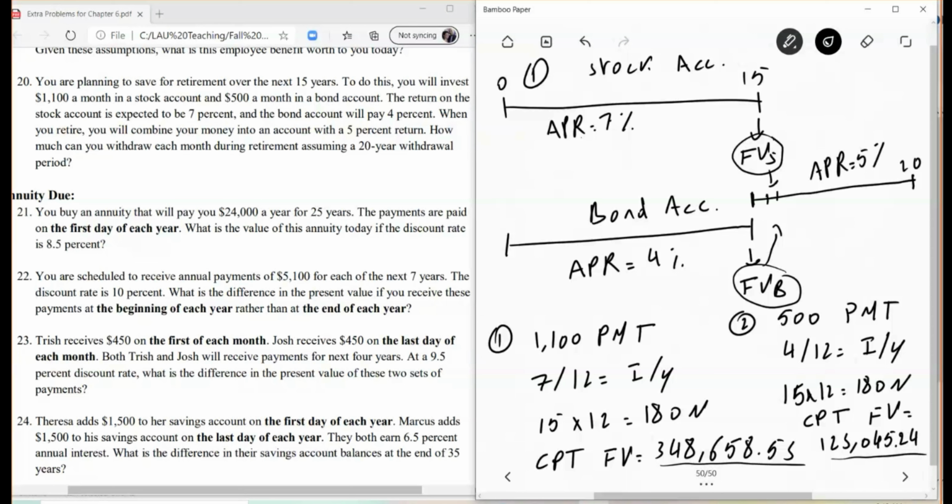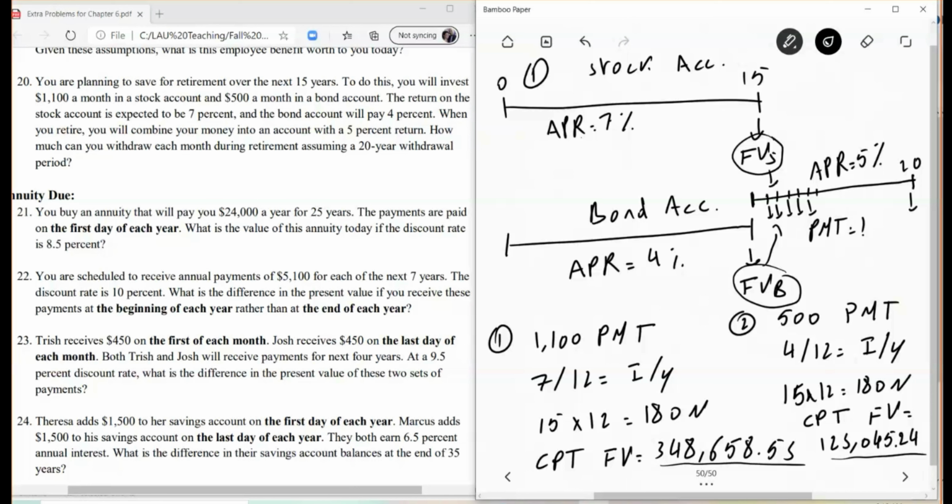Over the 20-year period, I'm going to withdraw a certain amount of money on a monthly basis till I reach the end of year 20. Now I need to determine the amount of each and every payment.